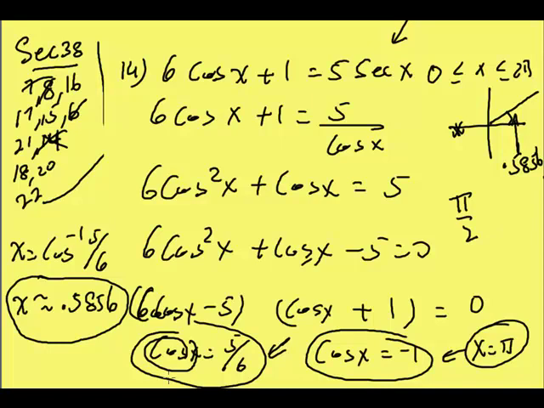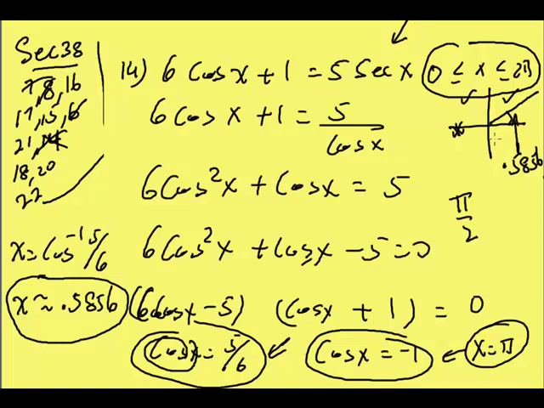Alright, we got one of the angles, but here's the thing. Your calculator is not very smart. The question that you were asked was: all the angles between 0 and 2 pi where you get that. But your calculator can only do inverse cosines for the first and second quadrant, and it ignores everything else.